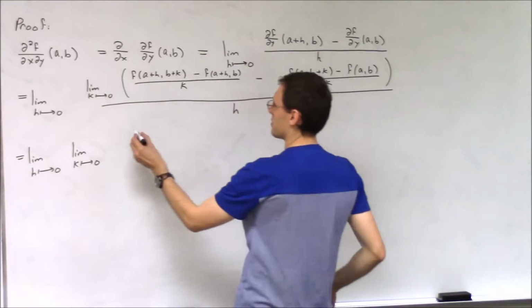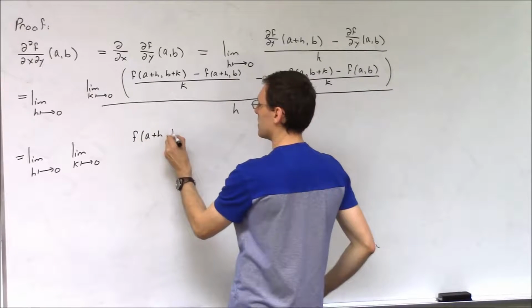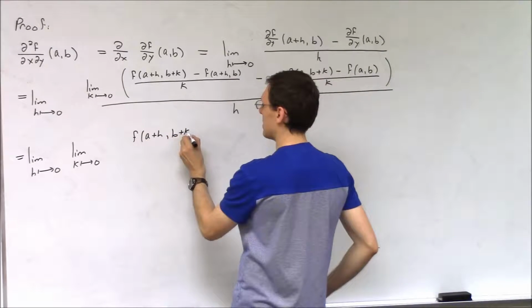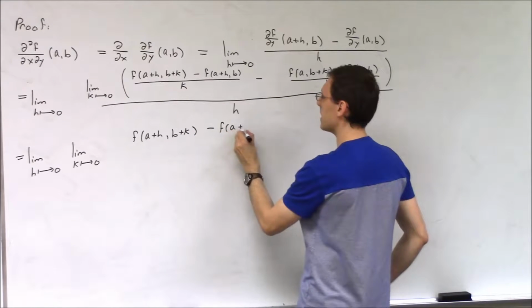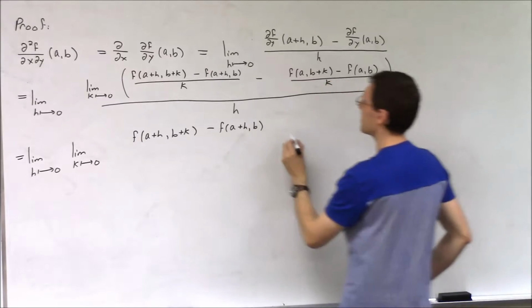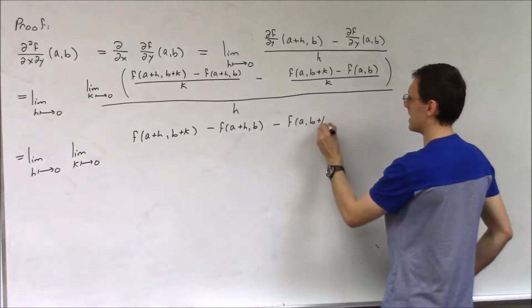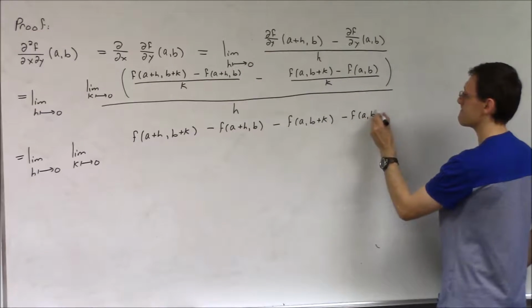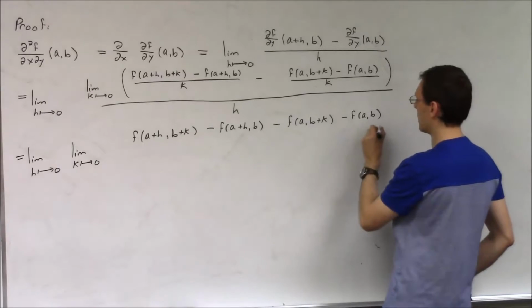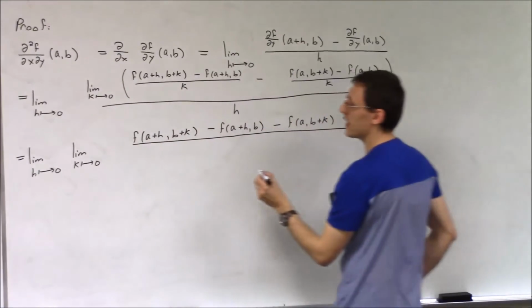And in the algebra, what you get is f of (a plus h, b plus k), minus f of (a plus h, b), minus f of (a, b plus k), minus f of (a, b).